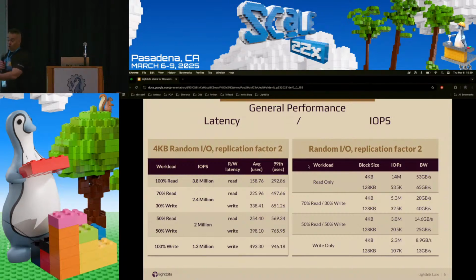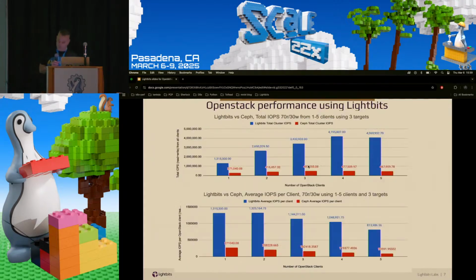If you need more, you can just add more targets into the Lightbits cluster. You can also see on the left side some samples of latency numbers that we get. Of course, lower on the IOPS, but you can see almost 4 million 4K reads with a 99th percentile of 292 microseconds, which is really impressive. And I've got 90 seconds.